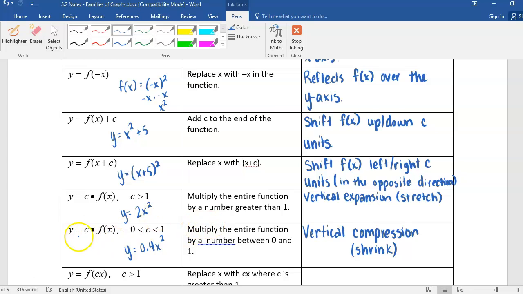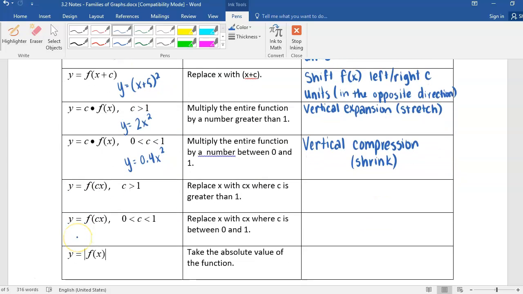However, if you look at the next two blocks here, you see we're still multiplying here because that c is right there next to the x, but the c is on the inside of the parentheses. So this would look like this, y equals 2x squared here, or y equals 0.4x squared.